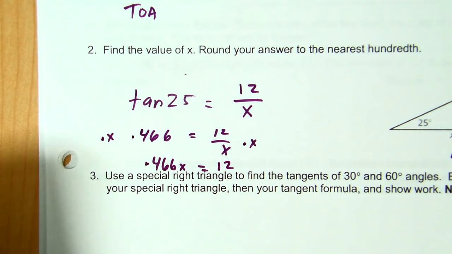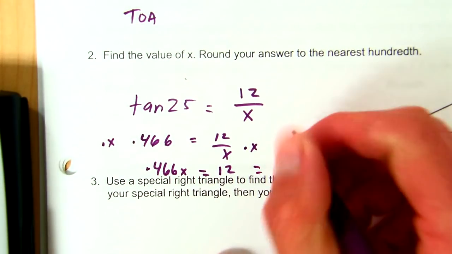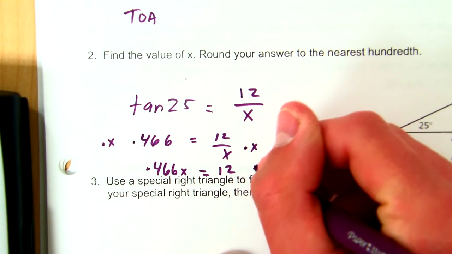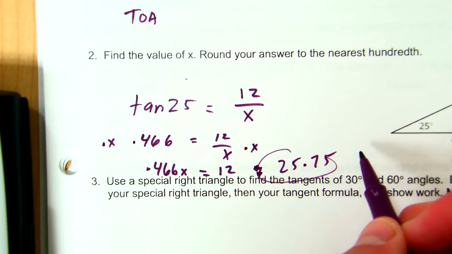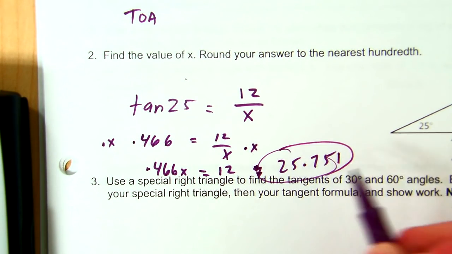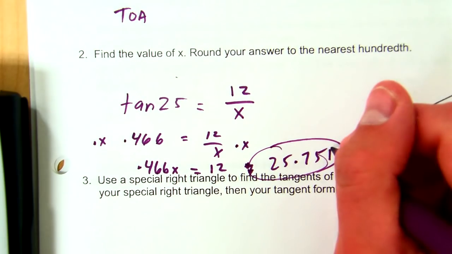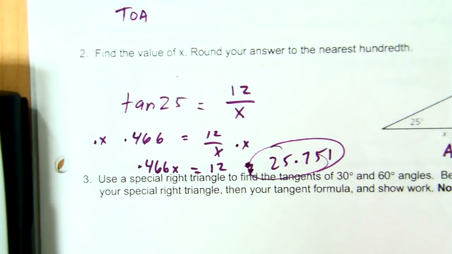And then to get rid of the times 0.466, you divide each side by 0.466, and you get an answer of 25.75. Rounded to the nearest hundredth to actually answer the question, 25.751. Oh, no, hundredth, not thousandths. So I did have it right. It's 25.75.